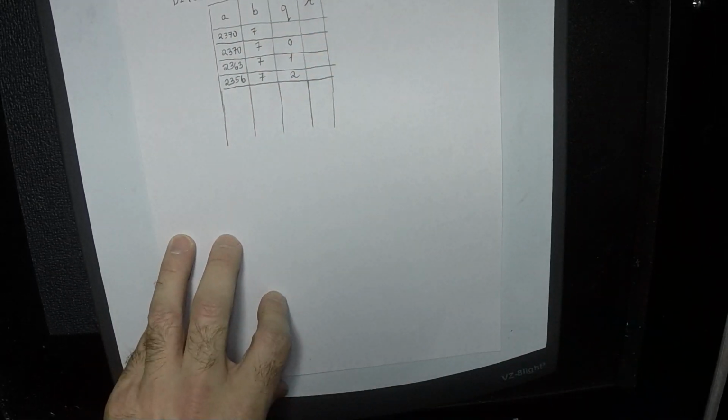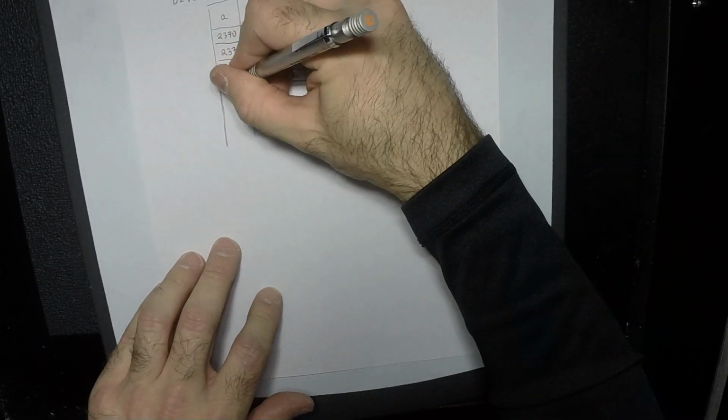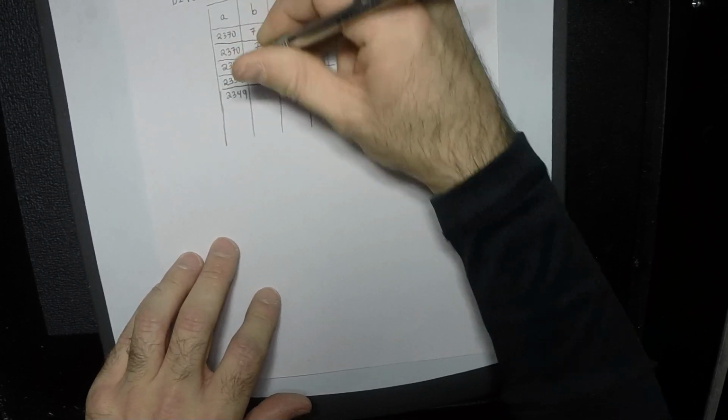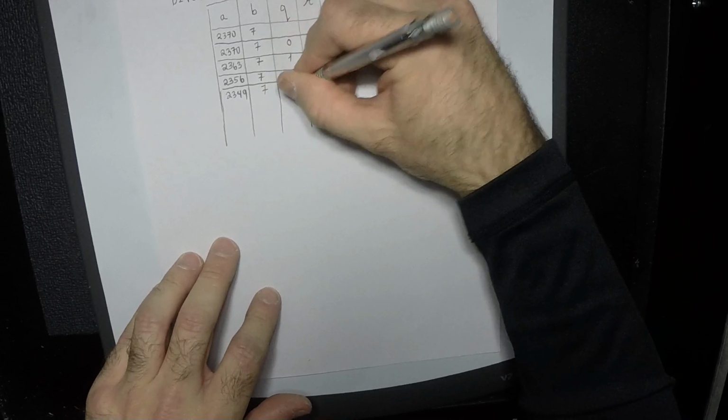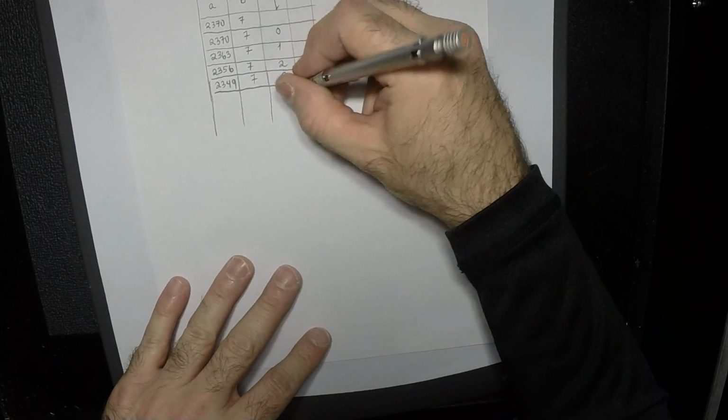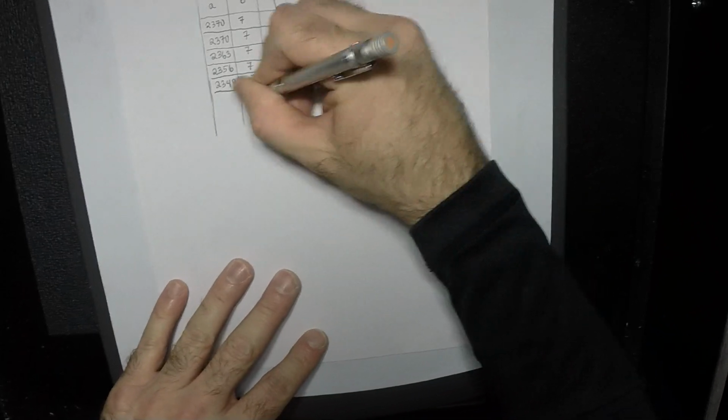Then we ask, can we take away another one? Yes, we can. So the next one would be 2349. The group size is still 7. We increment the quotient. And if we wanted to write this all out, you can imagine it would be a very tall table, so I'll just elide most of that.